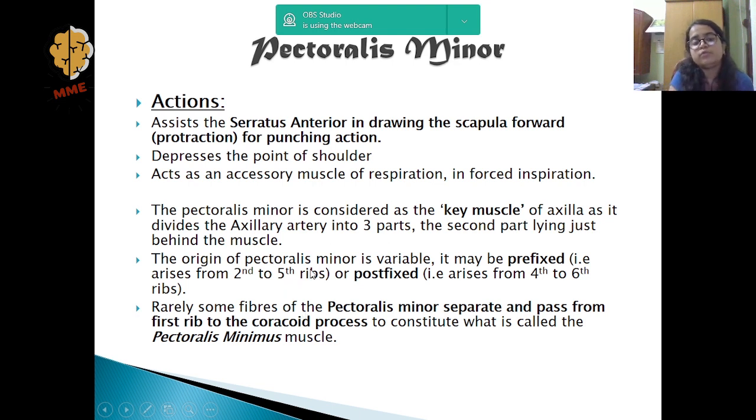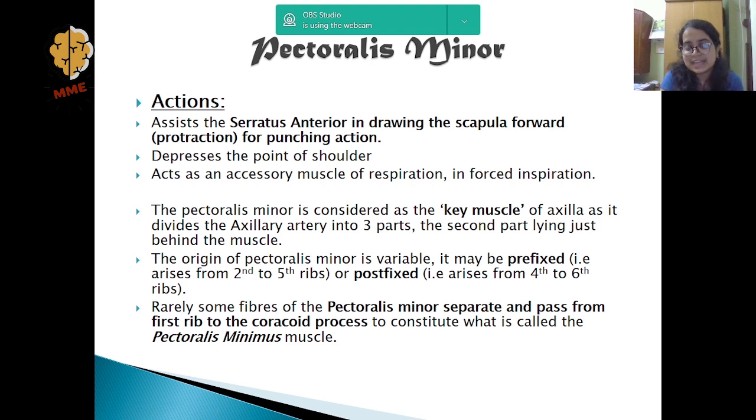Now, as I said before also, the pectoralis minor muscle is called a key muscle of the axilla as it divides the axillary artery, which is a continuation of the subclavian artery, as it crosses the outer surface of the first rib. The pectoralis minor divides the axillary artery into three parts.